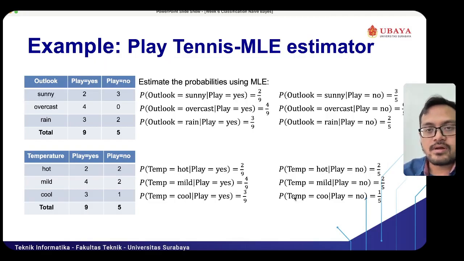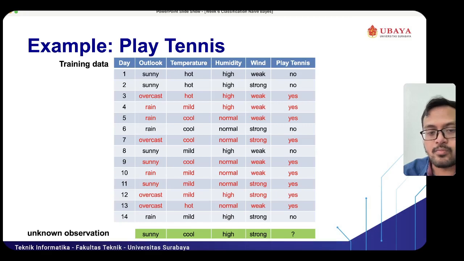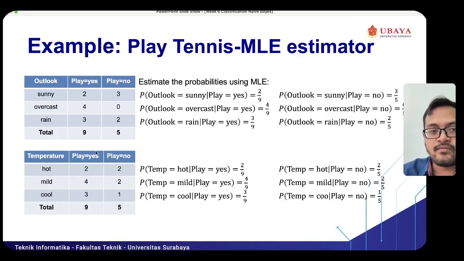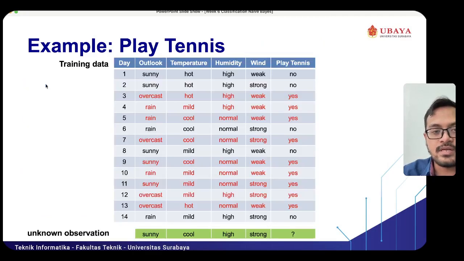Okay, for calculating the probability by using the naive Bayes classifier, first we need to create a table here. We call it the outlook table because in the previous data set we have 3 different types of outlook condition: sunny, overcast, and rain.